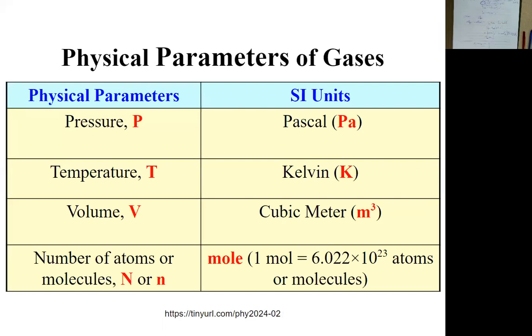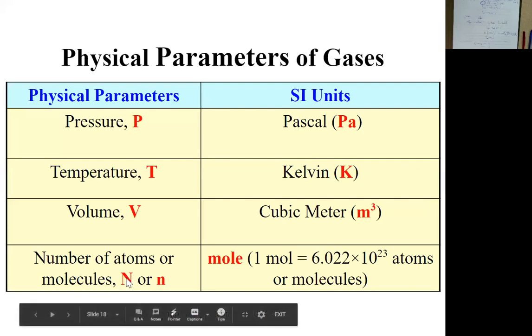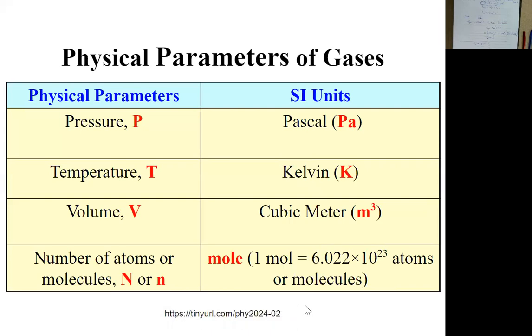If it's referring to just the number of atoms, then you use capital N. If it's referring to how many moles of substance, then it's a small n. I think you already learned more in chemistry, but 1 mole is equal to 6.022 times 10 to the 23 atoms or molecules. That's the number.